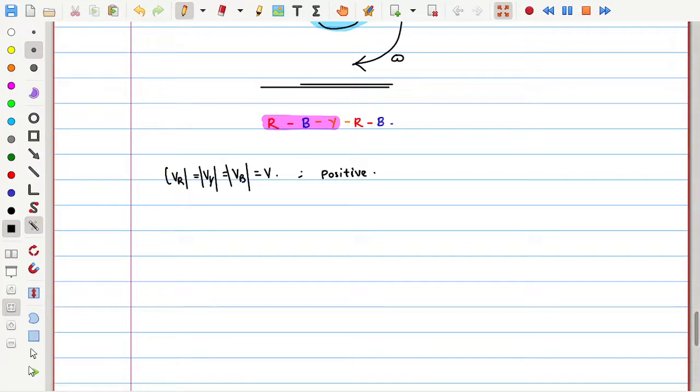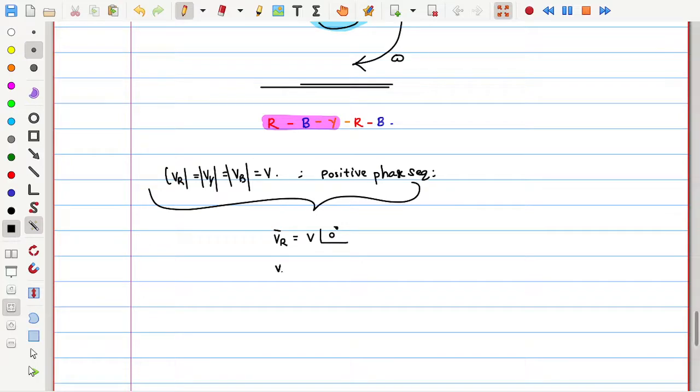With the help of these two points I can produce the voltages. I can say VR phasor has magnitude V. If I assume this itself is the reference where I am sitting, I'll call this angle 0.